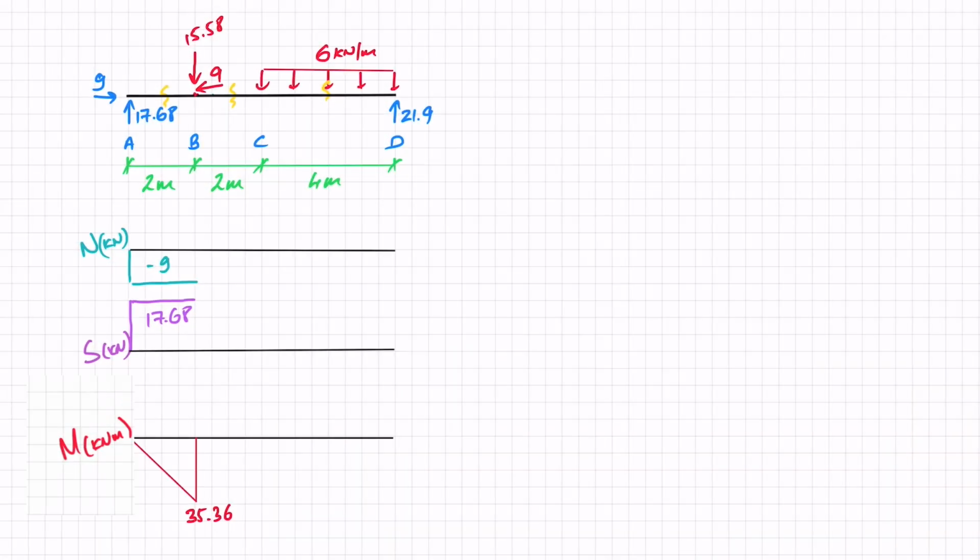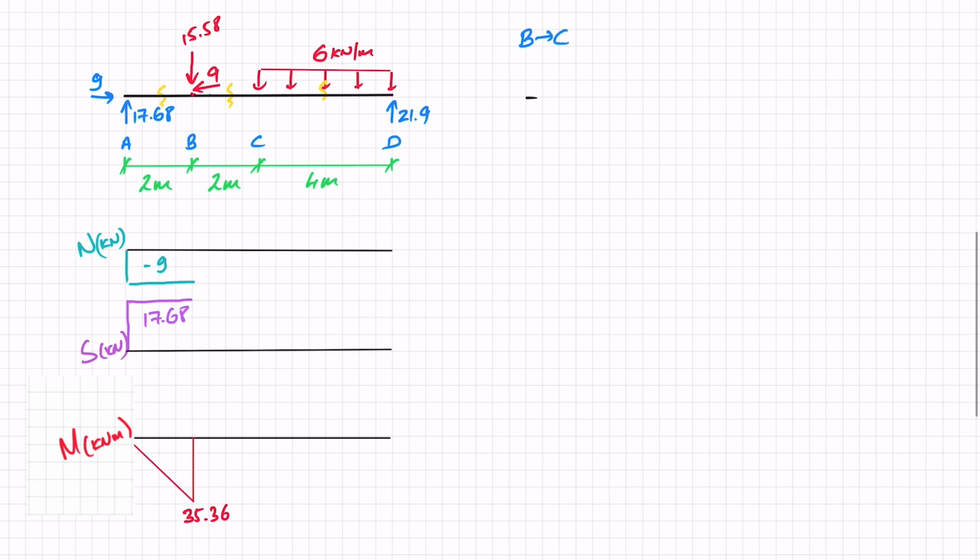My second cut is going to be from B to C, and once again I'm just going to draw out the beam. So here I've got, in terms of the distance, I'm going to have already passed my 2 meters, and x2 is going to start from here. So in this case, I've got two reaction forces, the 17.68 and the 9.